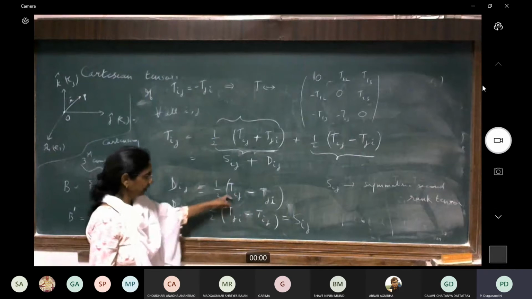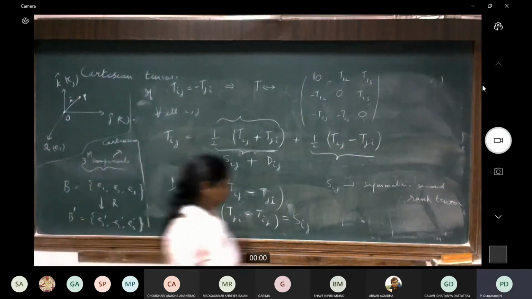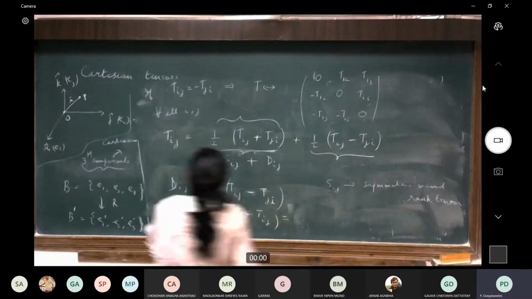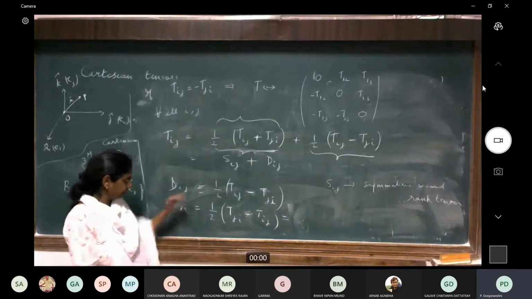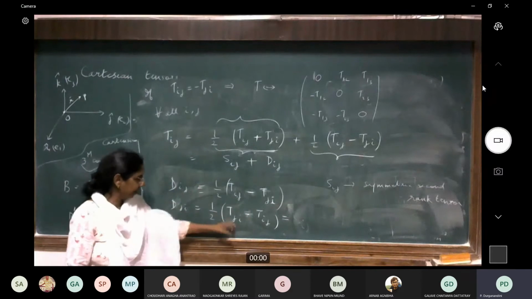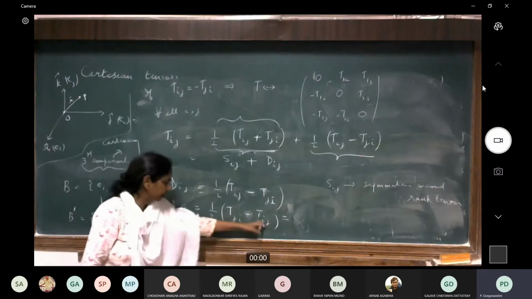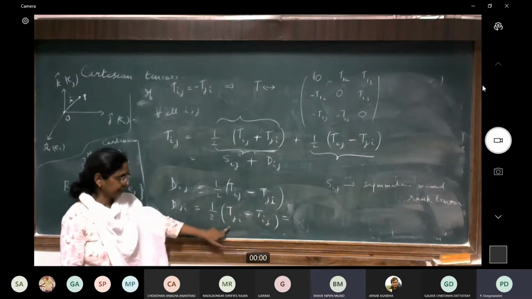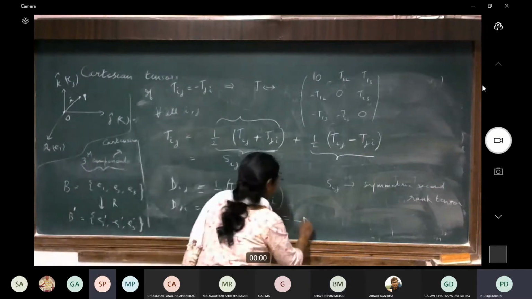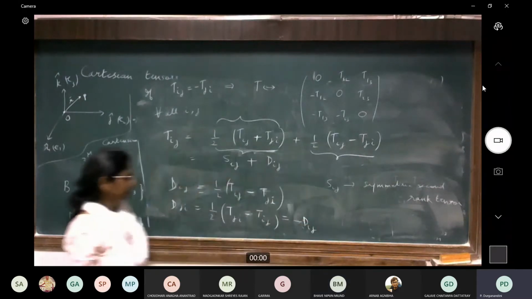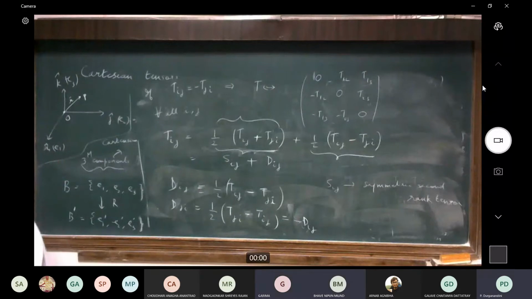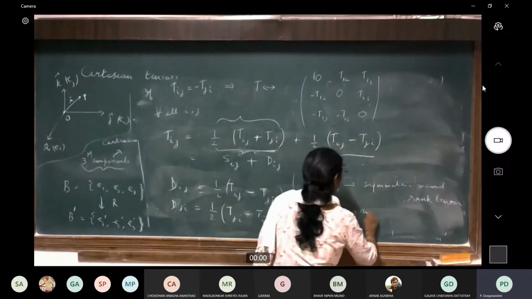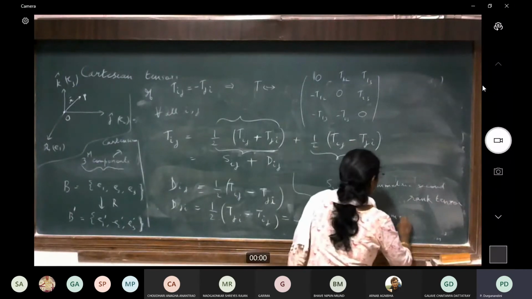But what is the relation between Dji and Dij? Minus of each other. So what kind of an object is D? Antisymmetric tensor. So what you find therefore is that this is an antisymmetric second rank tensor.